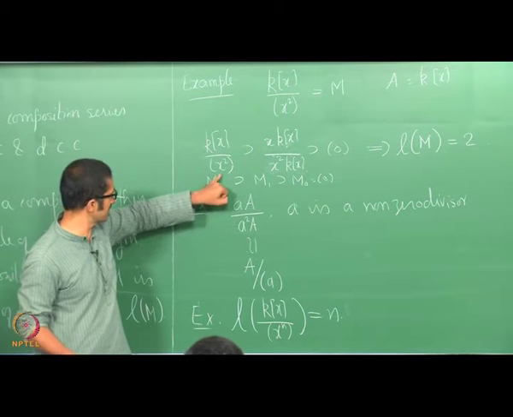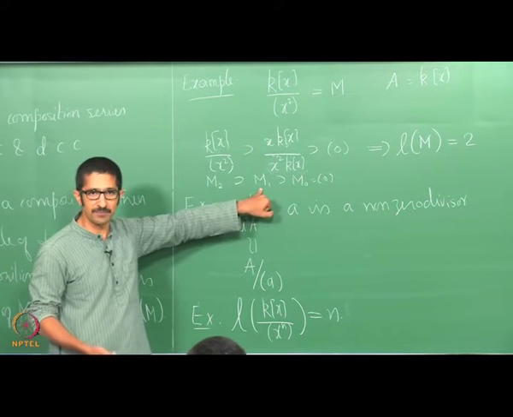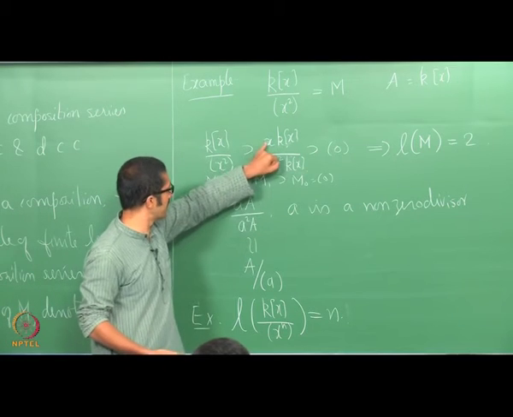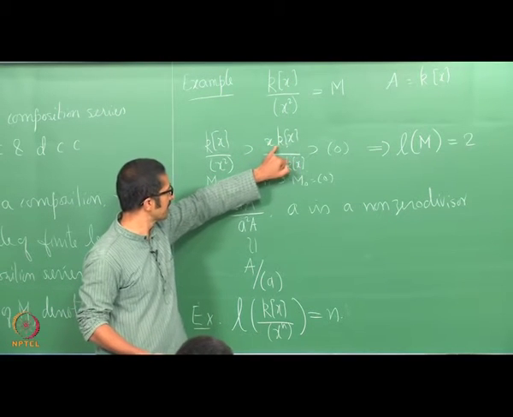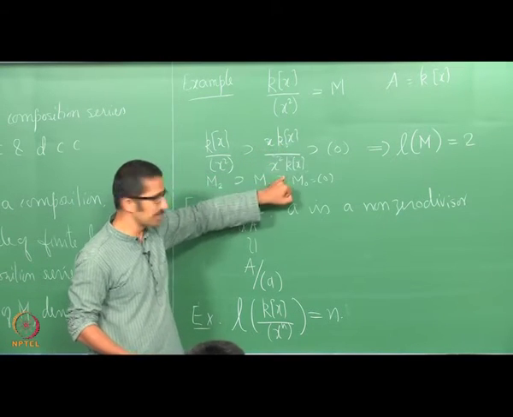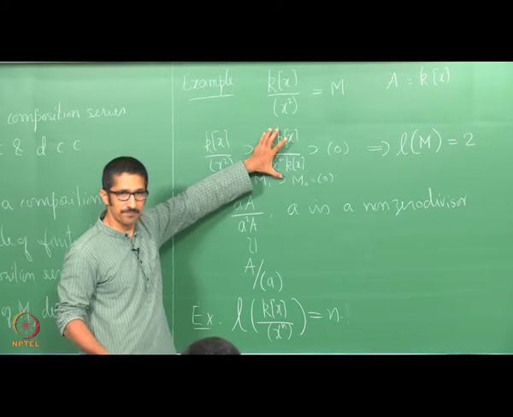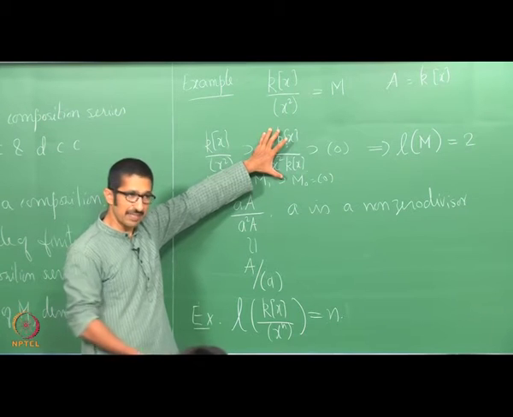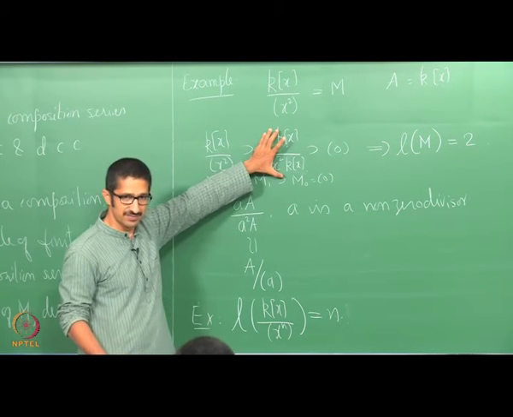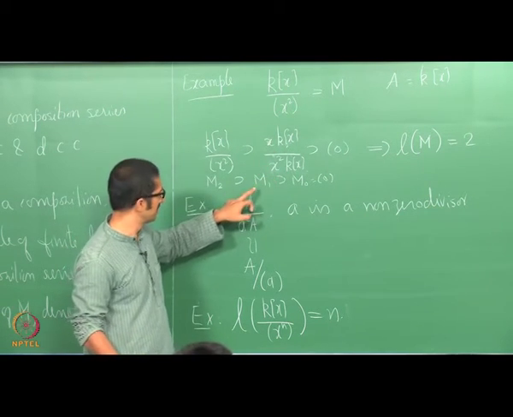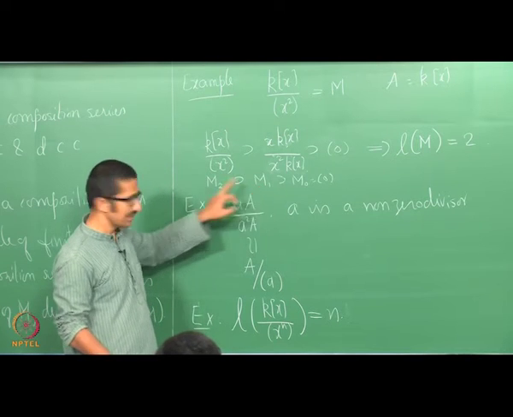So, M2 mod M1 is simple. Now, look at M1, which is kx mod x, which is K again. So, this is isomorphic to K, therefore this is also simple, therefore M1 is simple, therefore this is a composition series.